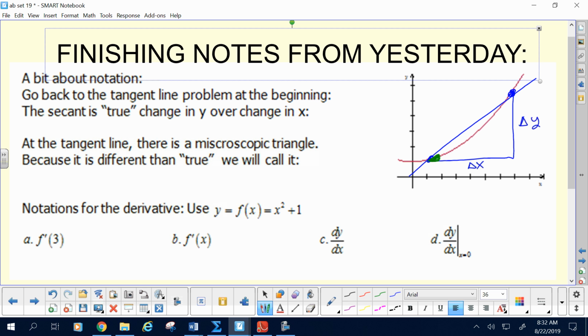Those points are so close together that they almost look like they're on top of each other, right? All right. Now, if I took a magnifying glass to this triangle, then this delta y becomes more of what we call in calculus dy.